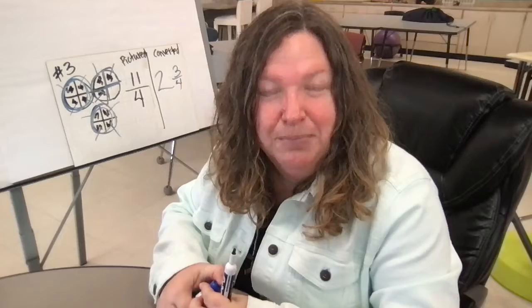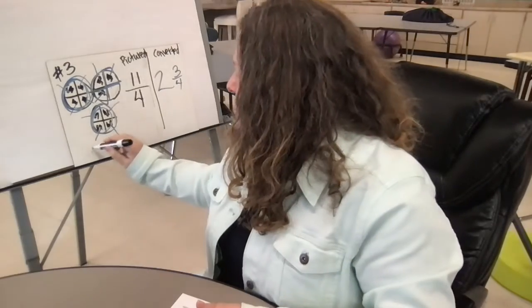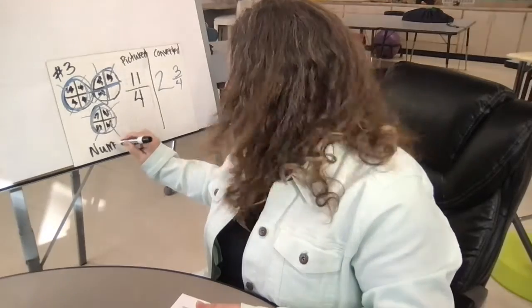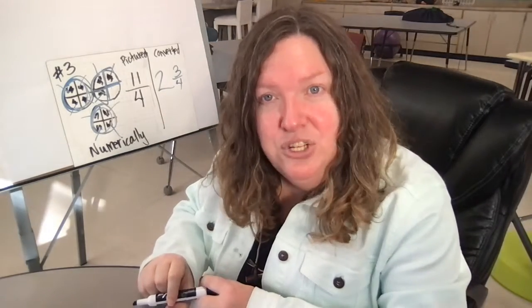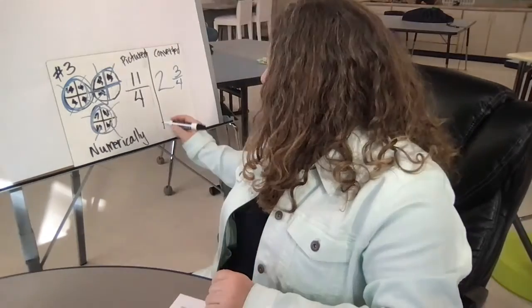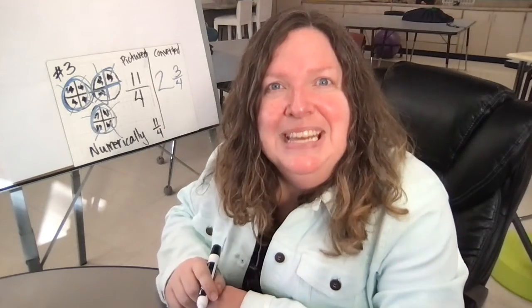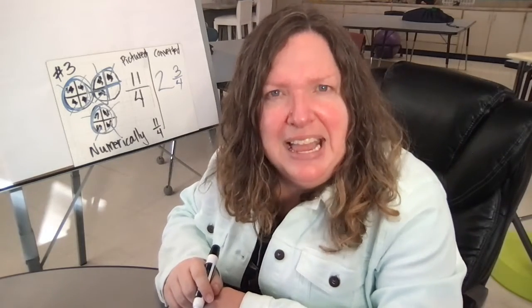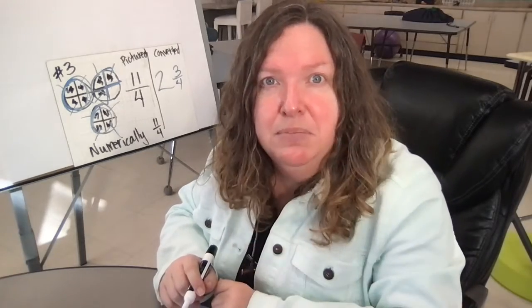Now stay with us because we want to find out there's a way to do that numerically. So let's see if we can figure this out. It's a different way to do it than when we changed mixed numbers to improper fractions. Here, we're starting with 11/4. This time we have to divide, or we have to think of multiplication going forward with something missing.